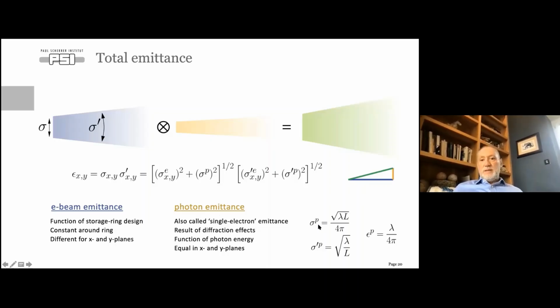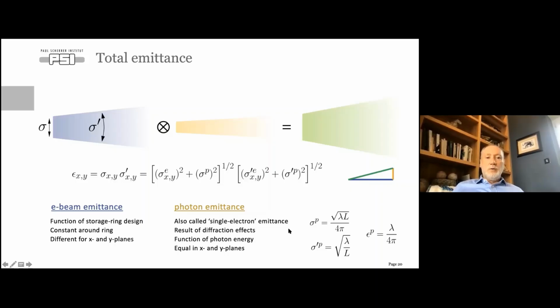If you look at the photon source size, it's given by this equation here for an undulator of length L, and the divergence is given by this expression here. And if we multiply these two together, it emerges that the photon emittance is only dependent on the wavelength of the radiation that you're using.